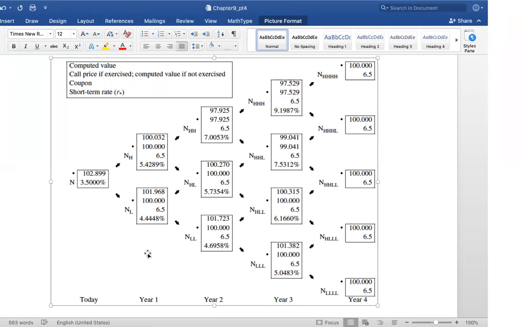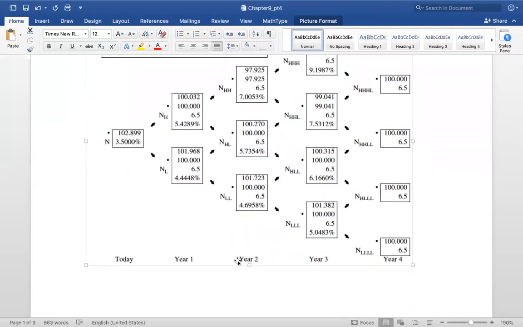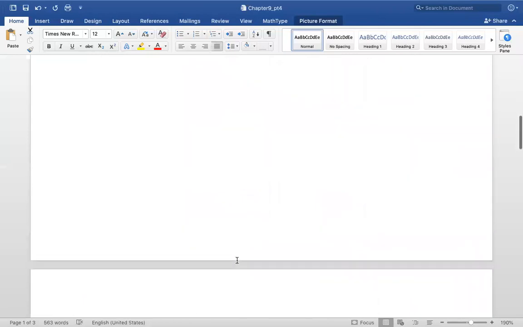We are not going into the detail of this, but the basic logic involves determining when it would be economical for the issuer, on an after-tax basis, to call the bond as opposed to continuing with the same bond.